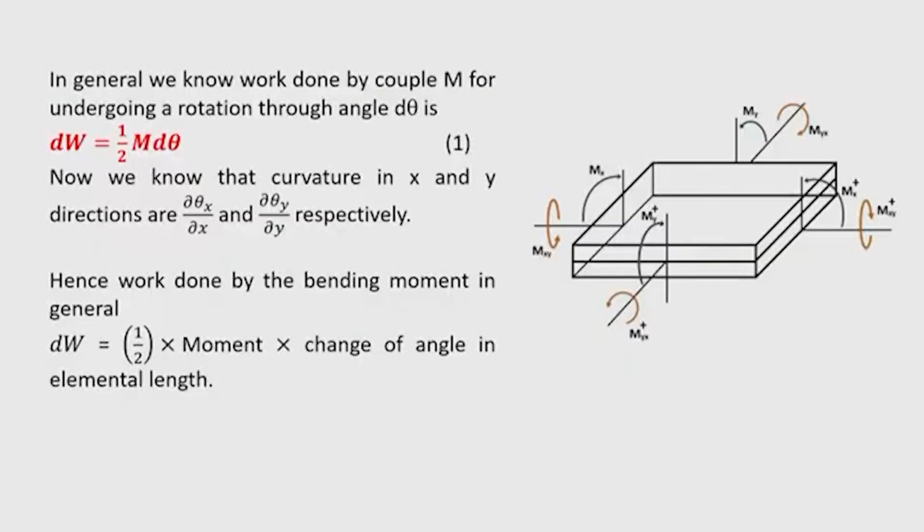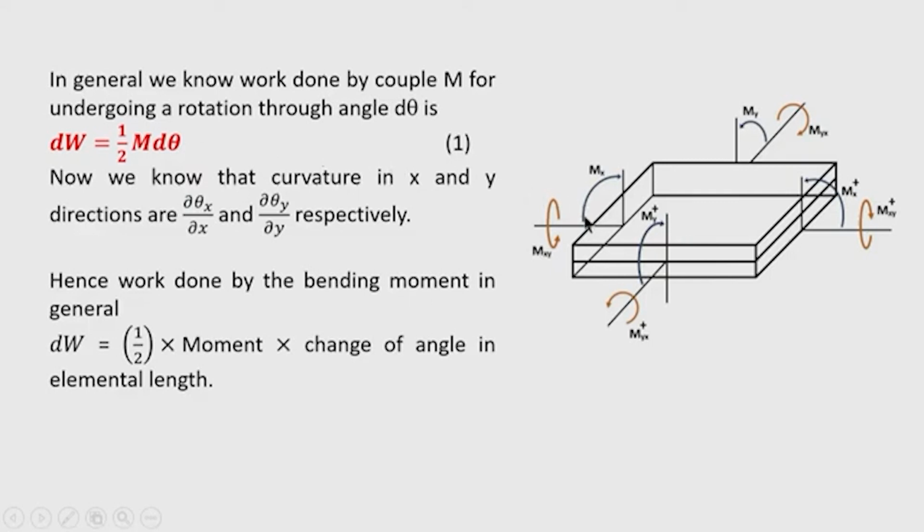Initially, for example, it is a zero couple and gradually increased, and then the average value is taken, half M, and within a rotational increment of d theta we take the strain energy expression as dW equal to half M d theta. dW is nothing but the work done by the couple, which is stored as strain energy. Okay. Now, let us see the d theta.